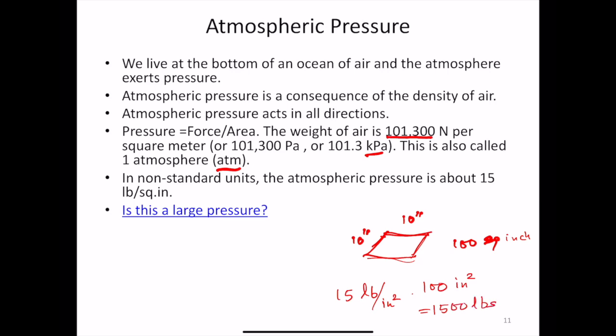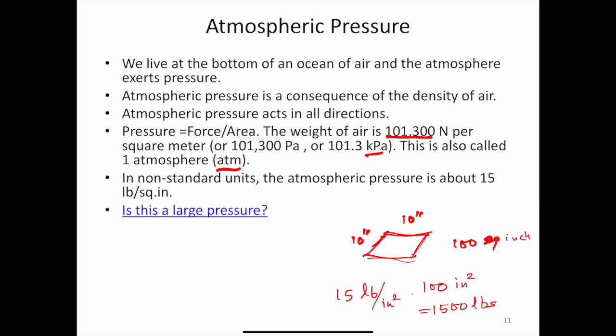So if you just imagine holding a sheet of paper which is 10 inches long by 10 inches wide, on one side of that sheet you have 1500 pounds of force acting as a result of the atmosphere.